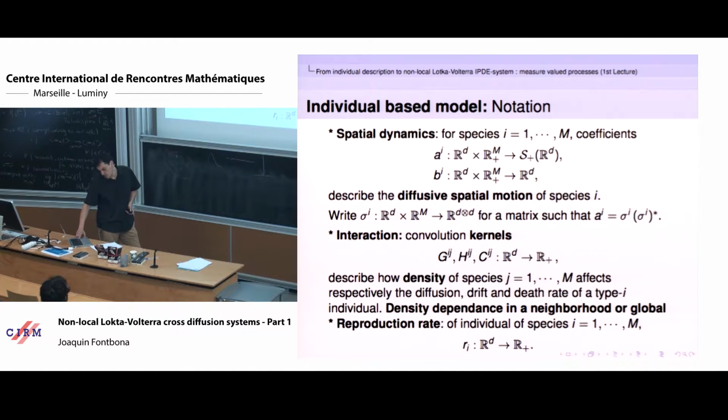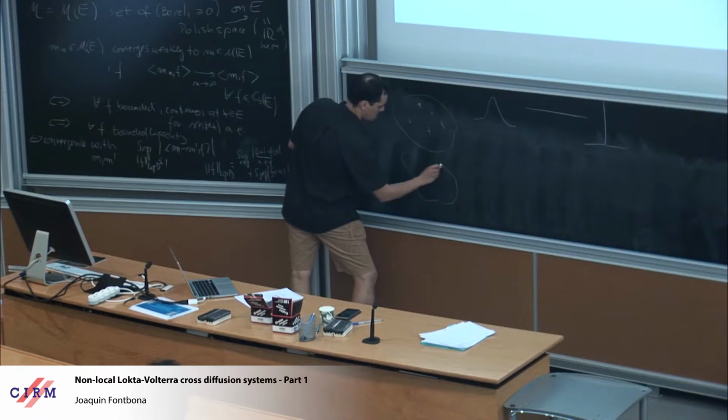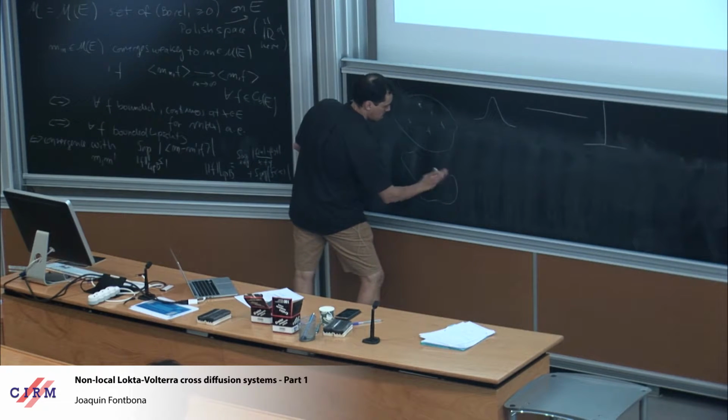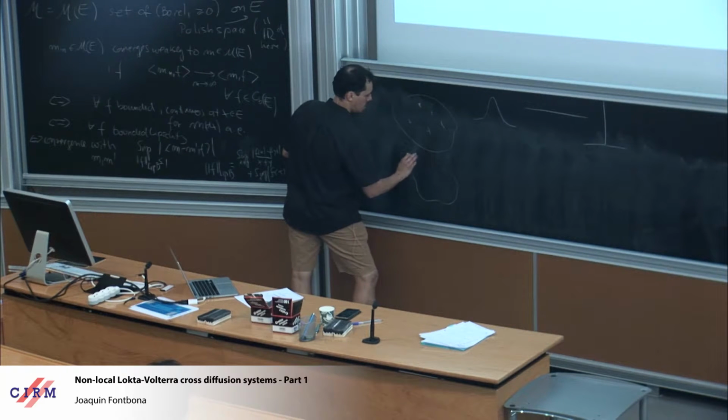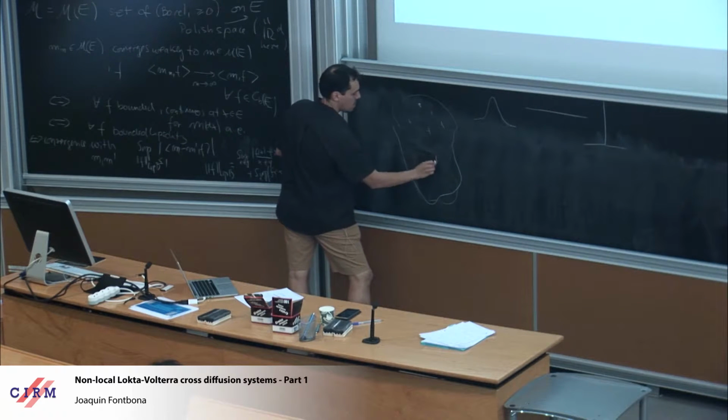So the idea will be to look at this. I have my domain, I have individuals of one type, and then I have individuals of the other species.